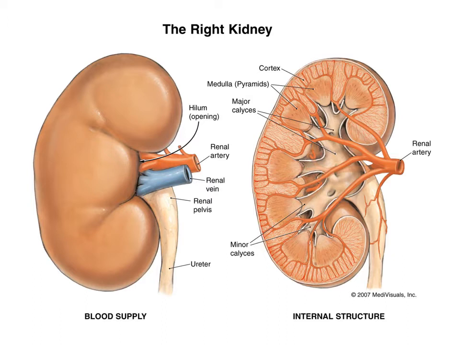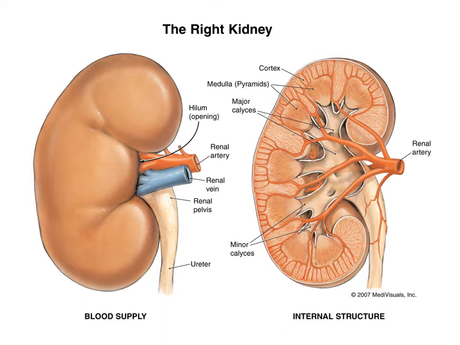The cortex is where some of the nephrons will be, and then part of the nephron will dive into the medulla. Finally, the million nephrons will coalesce together in their different ducts and become what are called minor calyces, then major calyces, and then the renal pelvis.